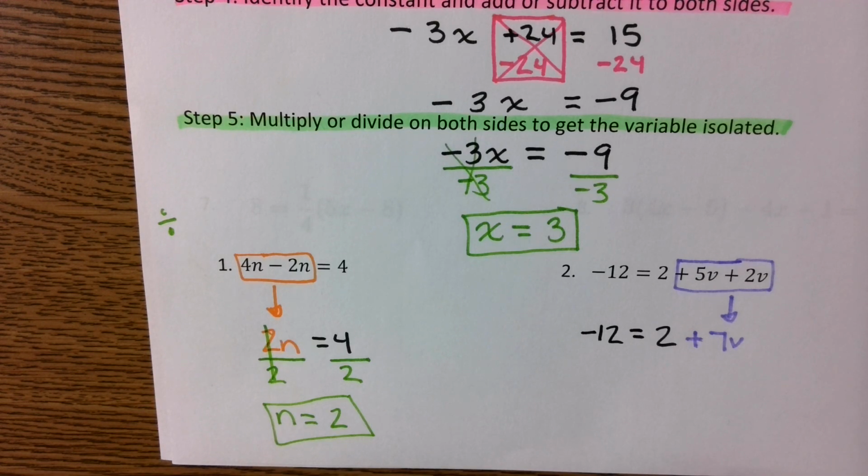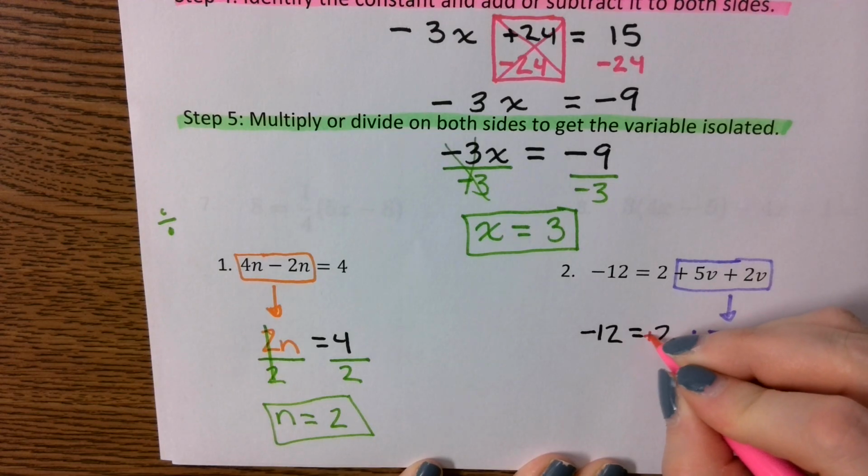Rethink. What's the inverse operation for the 2 going to be? Minus 2. Right? And is it minus 2 because of this plus sign? No. It's minus 2 because what's imaginary in front of that 2? A plus sign. Right? We have an imaginary plus sign in front of it.